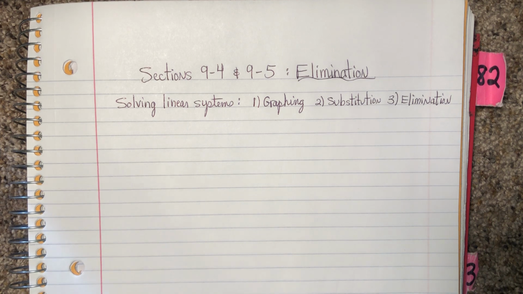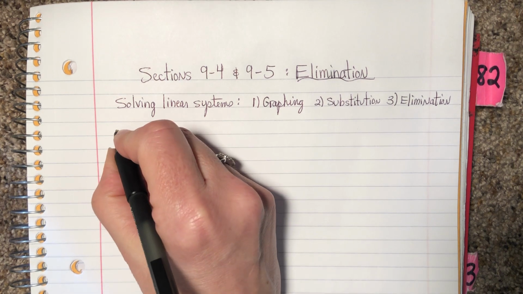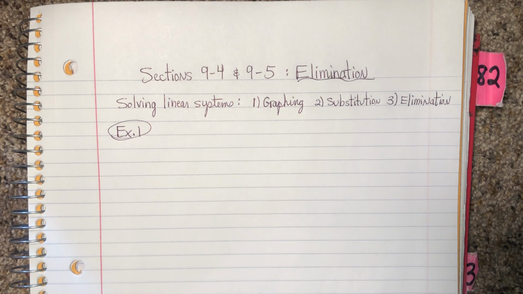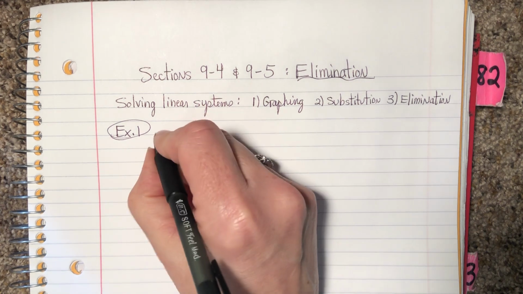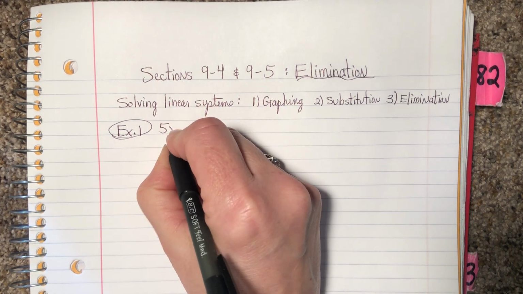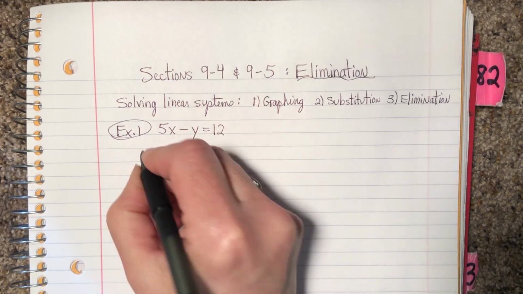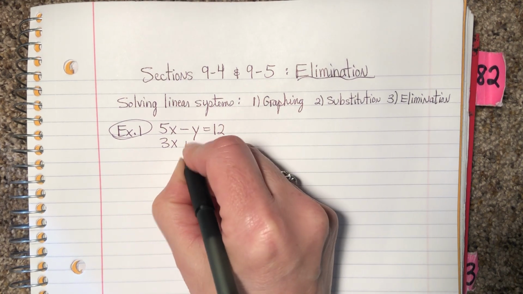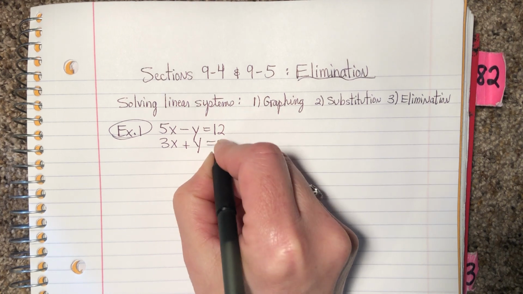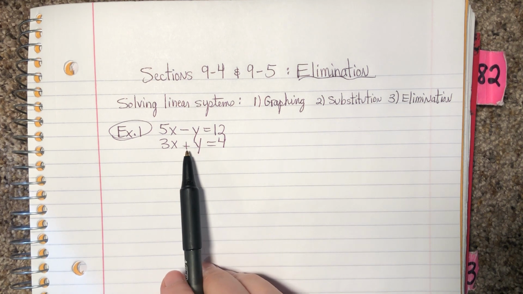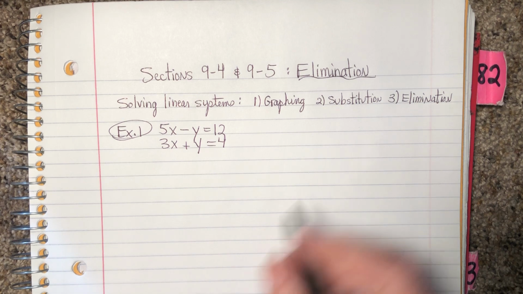The basic idea is, let me show you by example. Actually, let's go back to the right example. If you have a system like 5x minus y equals 12 and 3x plus y equals 4, first of all, you'll notice that these two equations are in standard form.